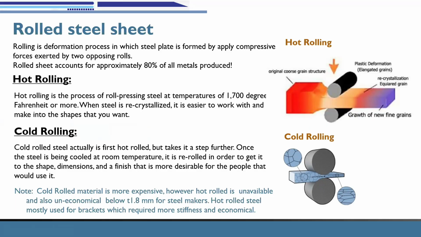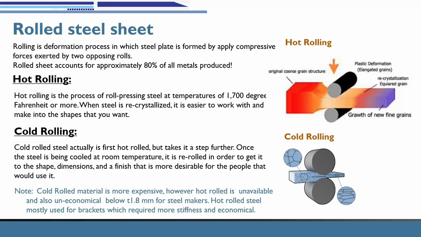This is the iron core in the molten state. The iron core will be heated to several degrees Celsius. Then the molten steel will be taken into various areas in order to get the perfect shape.